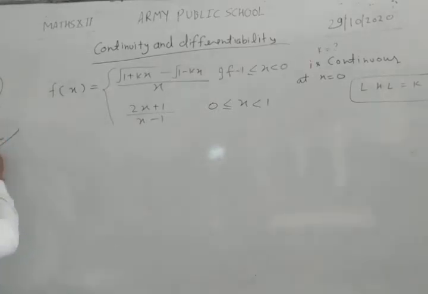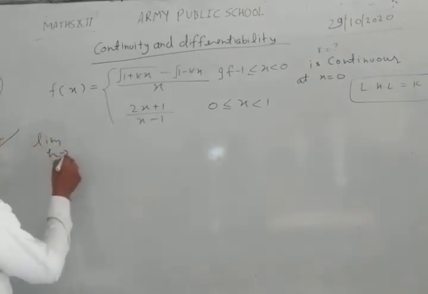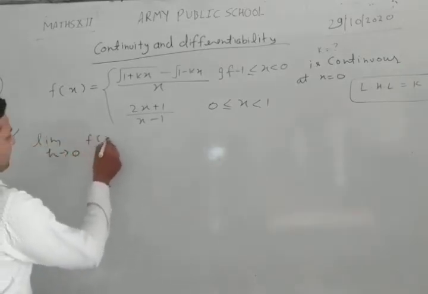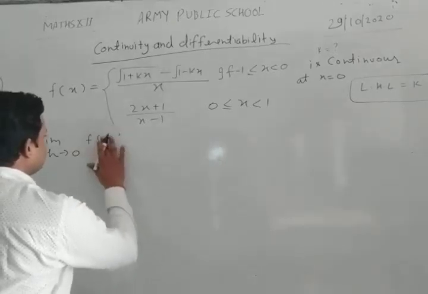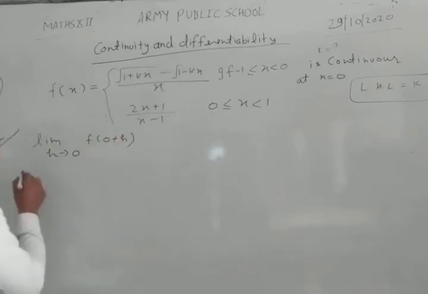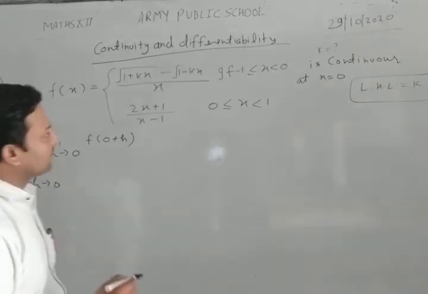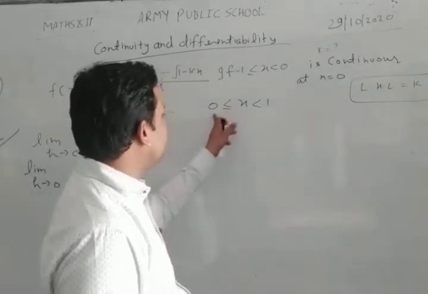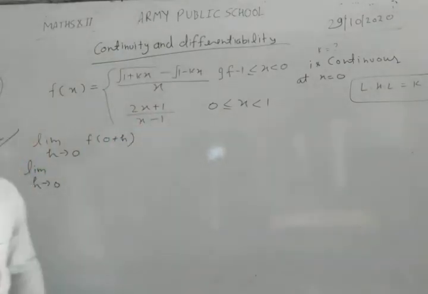Our right hand limit is limit h tends to 0 of f(x plus h). Now limit h tends to 0, the function for x greater than 0 is this function, 2x plus 1 by x minus 1.